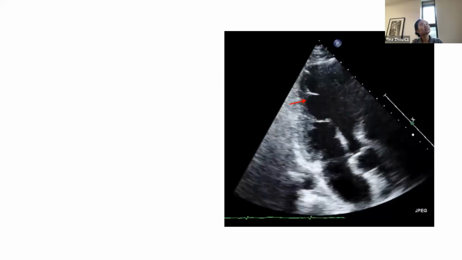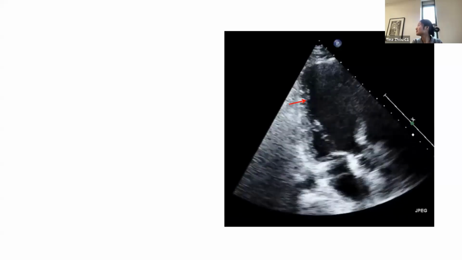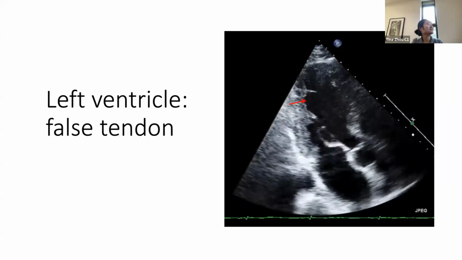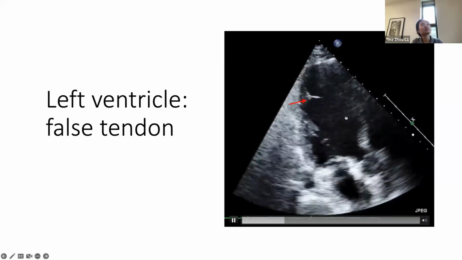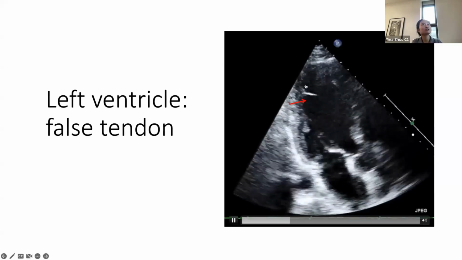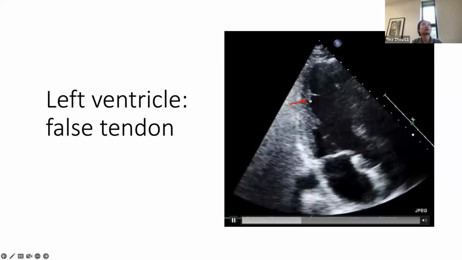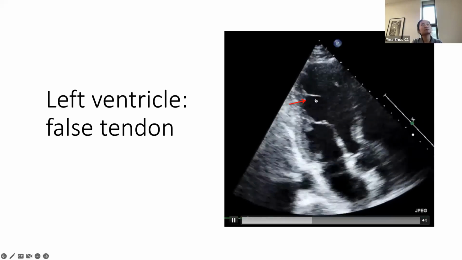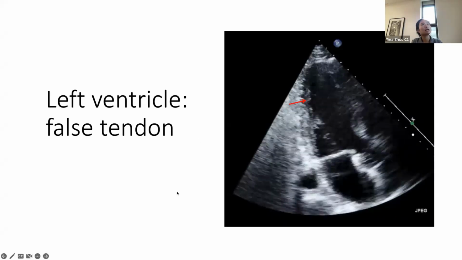Moving on, what is that? We see that quite a bit. Yes, it is a false tendon. Thanks, Grace. That's a false tendon. It can be seen in the left ventricle. It has different attachments, it can be in the apical area or more towards the base, but typically this is the location, transverse towards the apical.